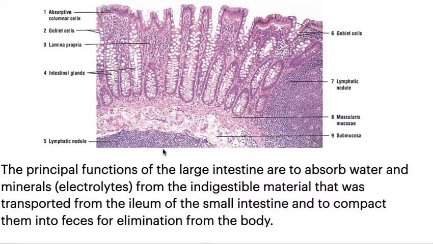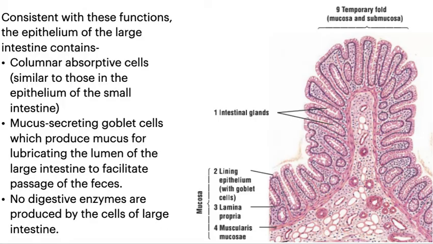So the principal function of the large intestine is to absorb water and minerals from the indigestible material that was transported from the ileum of the small intestine, and to compact it into feces for elimination from the body.